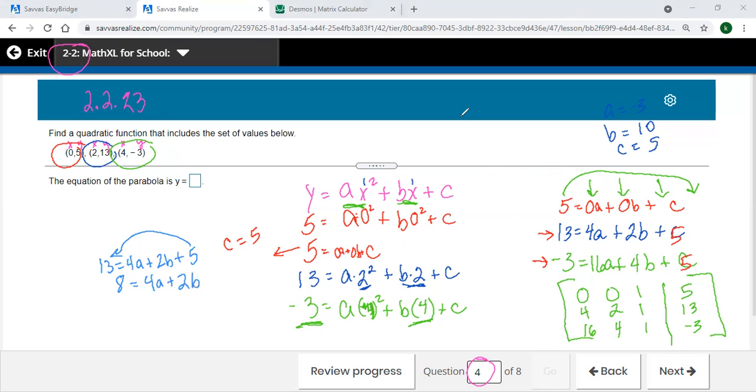And then let's see the green equation. If I had gone over there and put that 5 in, subtracted the 5 over to that side, that would be a -8. And I would have had 16A plus 4B there. Now remember the elimination method, where we look for how we want to get rid of a variable.